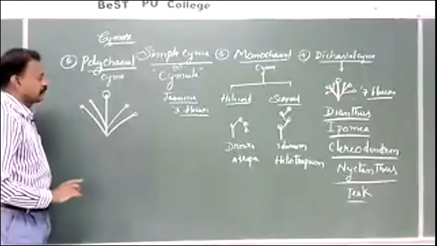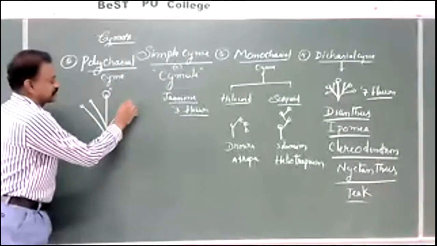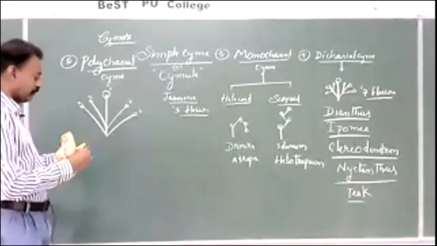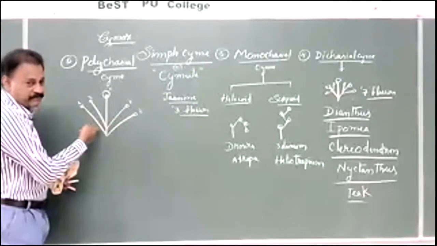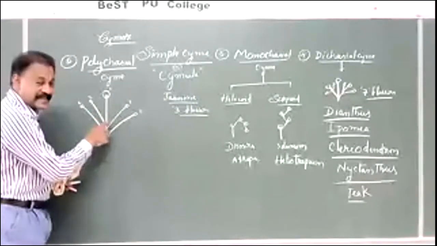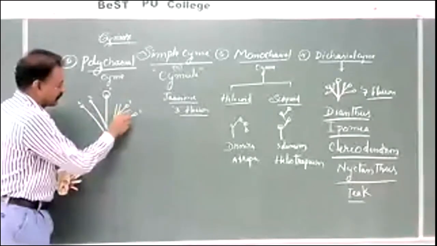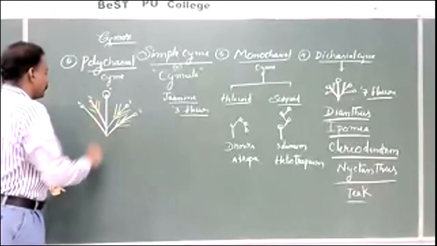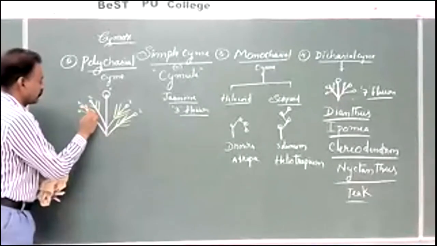So the numbering of the flower, this is the first number, second number. Now each and every one repeats the same type. It means each branch will carry the same 4 flowers: 1, 2, 3, 4.